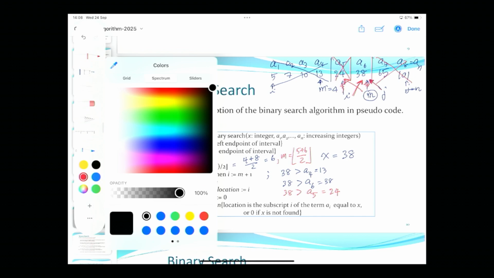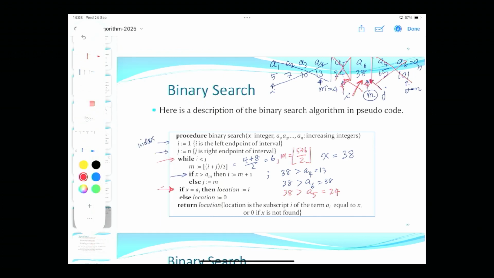Exit the while loop and check if x is equal to ai. X is 38, ai is a6, equal to 38. Yes. So now we find x at the location I equal to 6. Otherwise, it means x is not in the list.